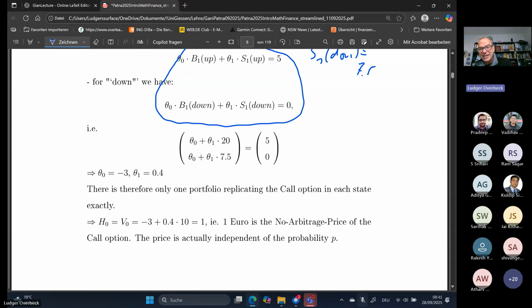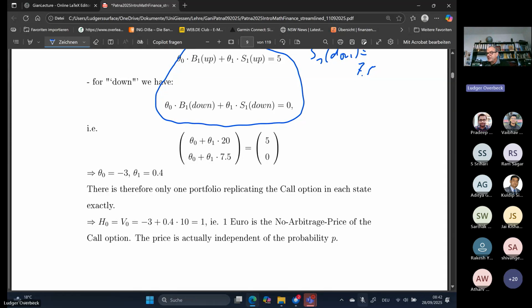The non-arbitrage principle tells you that any financial instrument which has the same value at year 1 must have the same value today. Because if they have the same value in year 1, you buy now the cheaper one, and you exchange it for the more expensive one in year 1.